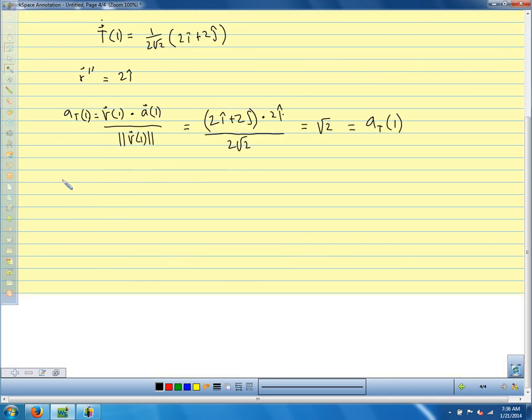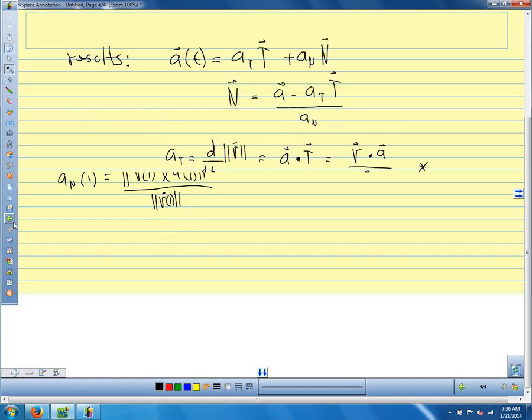All right, and then we're going to find our normal component of acceleration at 1, which is going to be the magnitude of our velocity vector at 1 cross the acceleration vector at 1, over the magnitude of v at 1.